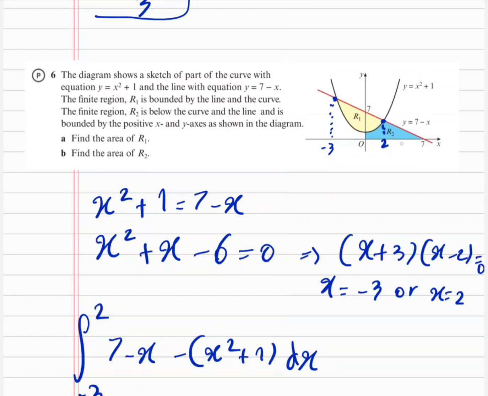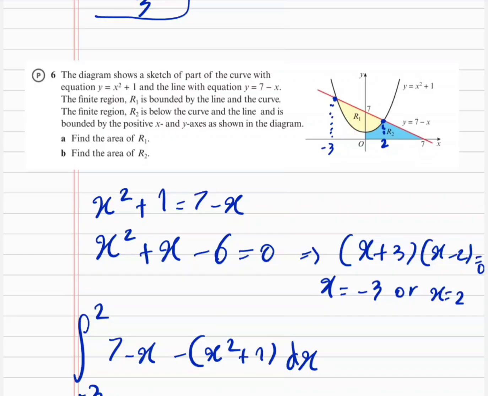And the second part is the area that is bounded by the line and the x-axis. So for this question, we need to find the area of the first part and the second part, and we just add them. So we don't have subtraction like in the last few examples.